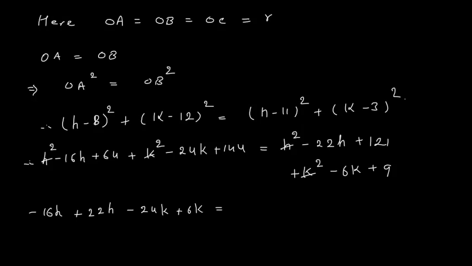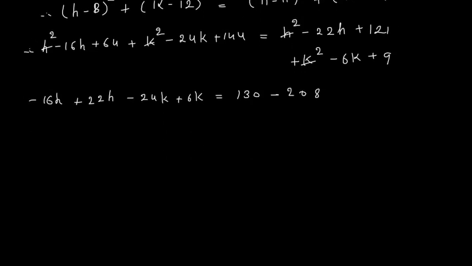we have 121 plus 9 is 130, minus this, 4 plus 4 is 8, 6 plus 4 is 10, and then this is 208, minus 208. Okay, so therefore here we have 6h minus 18k is equal to, here, 8 minus 0 is 8, 10 minus 3 is 7, and 1 minus 1 is 1.